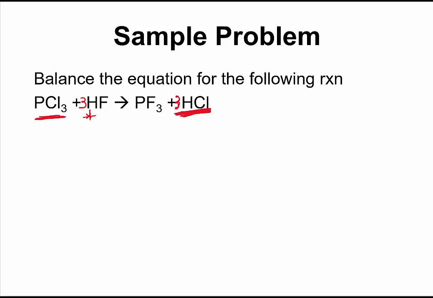But by placing 3 in front of the HF, we now have 3 fluorine. Fortunately, we have 3 fluorine on the product side, and on both sides we only have 1 phosphorus. This is now a balanced equation.